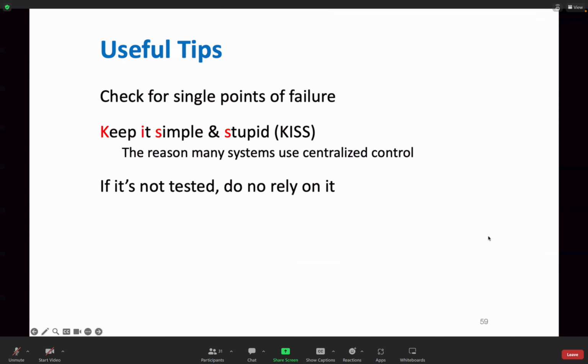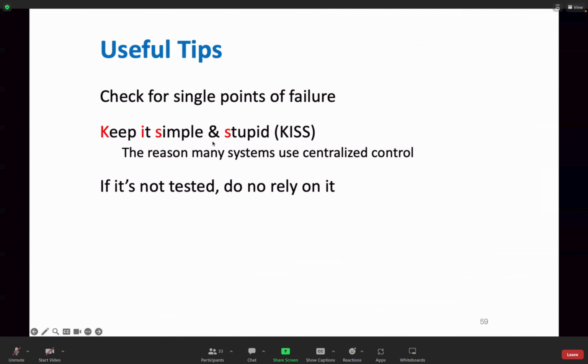These are different illustrations. Another data center operational tip, or even a tip in life, is the principle called KISS, which stands for keep it simple and stupid. Stupid doesn't mean really stupid, but making things complicated is not a good strategy.